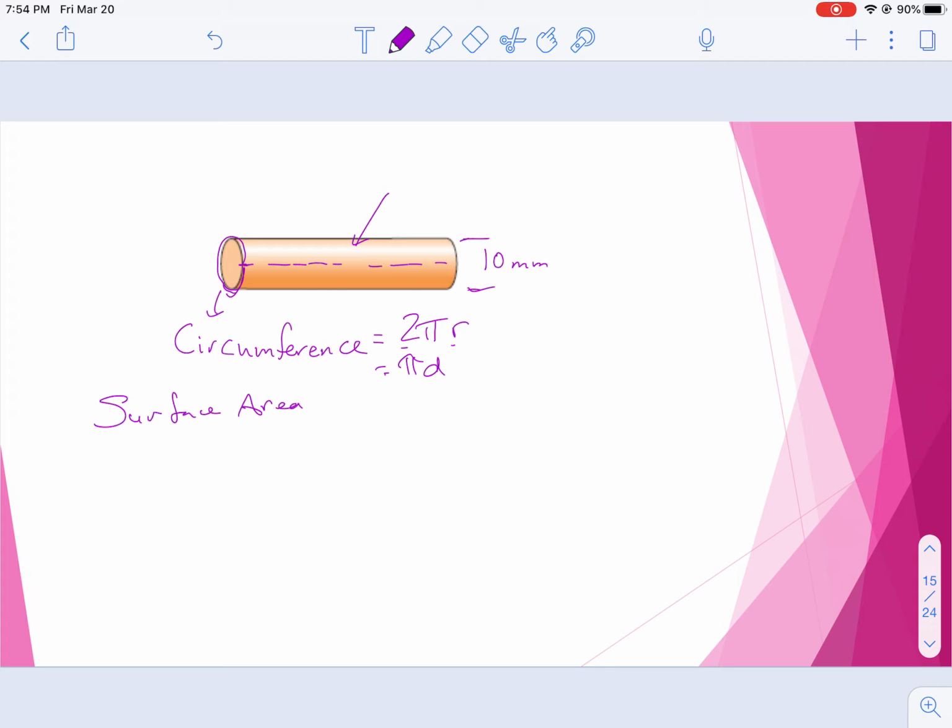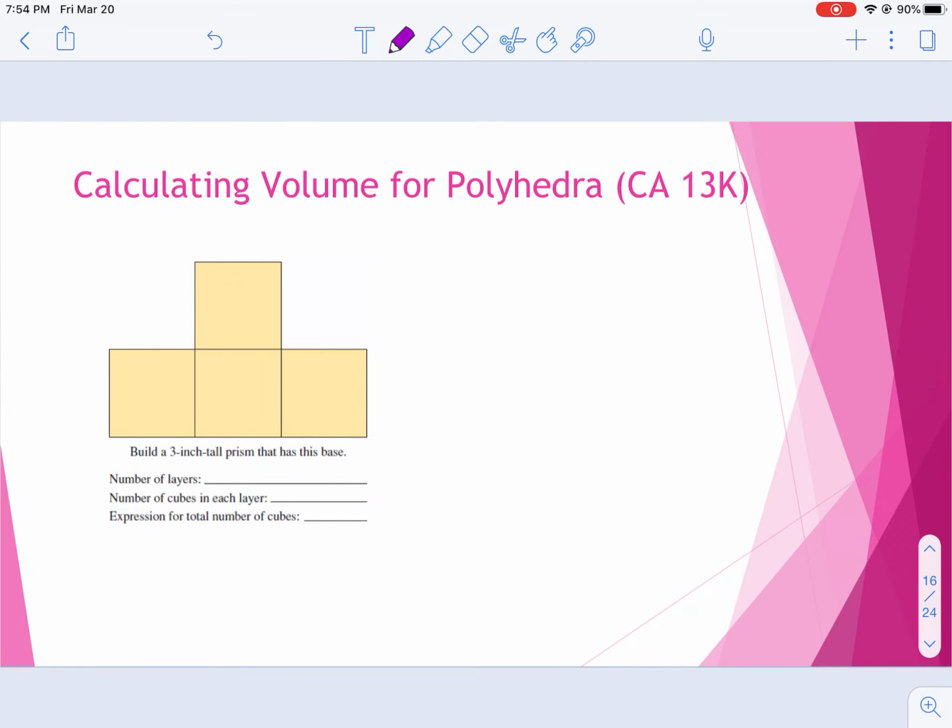Well, if you can imagine cutting this, it's still going to be a rectangle when I unfold it. But what's this distance? Well, if this is 10, then we know that 10 is the diameter. And so we can figure out that circumference is pi times 10, which would be roughly 31.4.